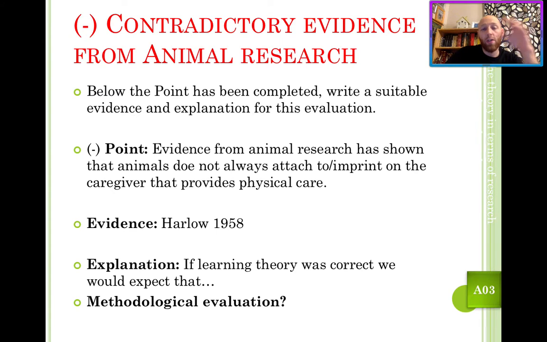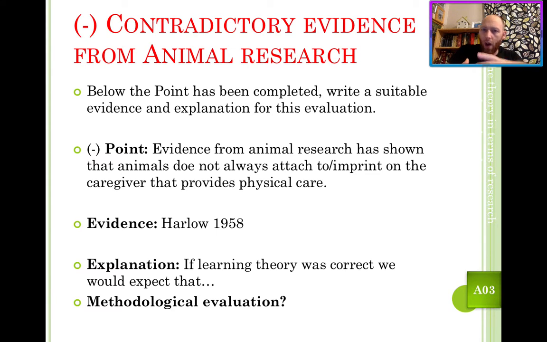So first of all, there's evidence to contradict learning theory off the bat, and the evidence comes from comparative psychology. Studies like Harlow and Lorenz seem to suggest that attachment is innate and is not learned.